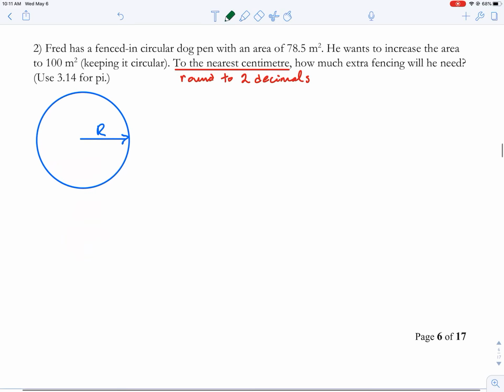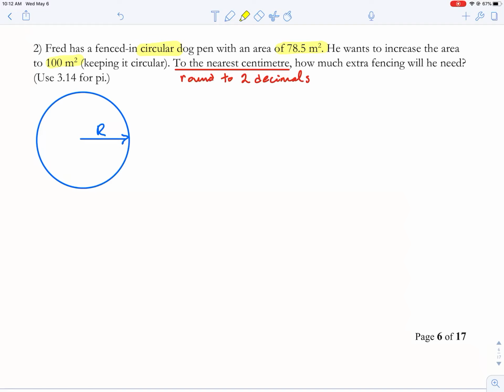Question 2. Fred has a fenced-in circular dog pen, so obviously the word circular was important, with an area of 78.5 meters squared. He wants to increase the area to 100. So we're going to increase it to 100, and to the nearest centimeter, find out how much extra fencing will he need.